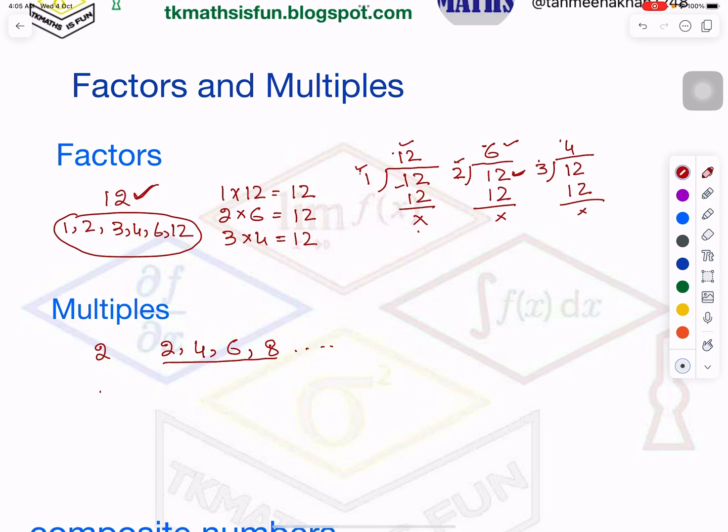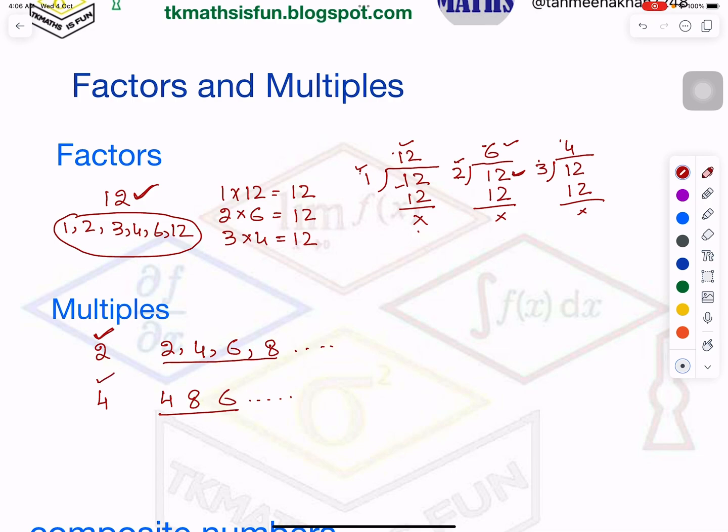If I say what are the multiples of 4? 4 times 1 is 4. 4 times 2 is 8. 4 times 3 is 12, and so on. These are multiples of 4. So these are the numbers which come in the table of 2 or in the table of 4.